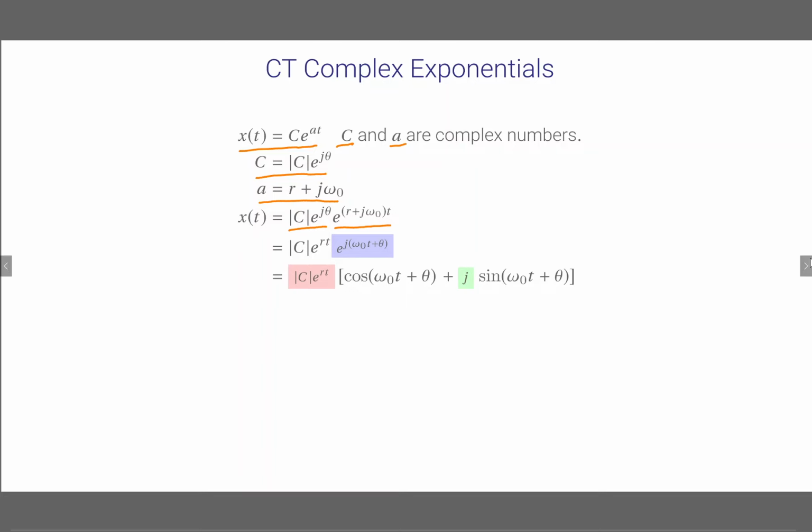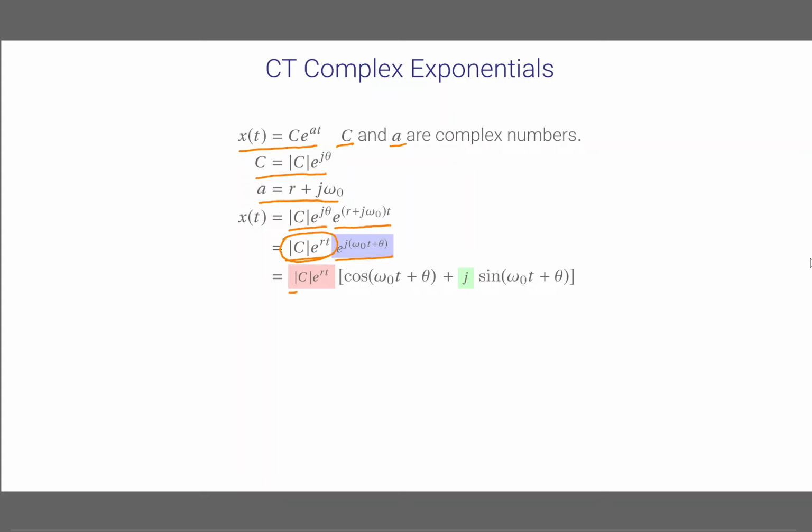Then we gather the real parts of the signal and those that contain the j in the signal. So magnitude of C e to the power of rt and e to the power of j (omega naught t plus theta). So you can see this e to the power of j (omega naught t plus theta) is a sinusoid, so that has the magnitude of 1, and this part contributes to the magnitude of the signal.